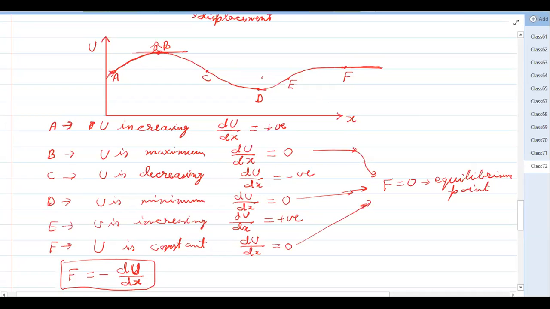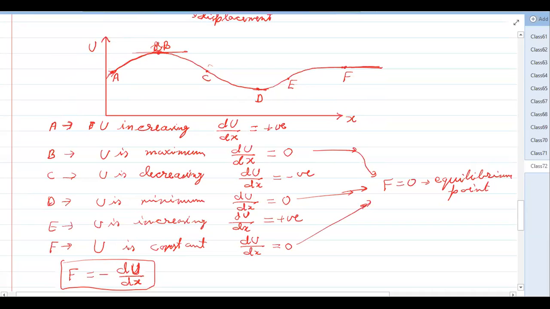At the crest also, and at the trough, the lowest point, you can easily stand without applying any force. But if you want to remain at point A, C, and E, you cannot remain at these points without applying any external force. Suppose you take a ball and keep it at different points. If you keep the ball at point A, it will slide down in the backward direction. If you keep the ball at point C, it will slide down in the forward direction.